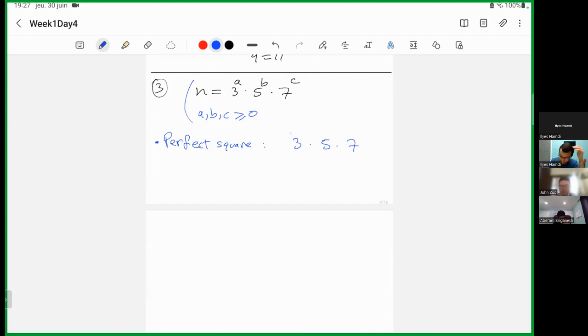Yeah, exactly. The exponents just need to be even. It's not necessarily the same number. All we need to know is that the exponent is even. That's it. Yeah, perfect. So quick example, this number is a perfect square, of course. Okay.